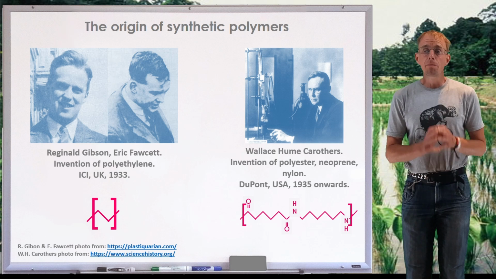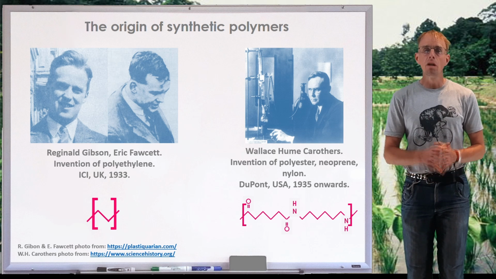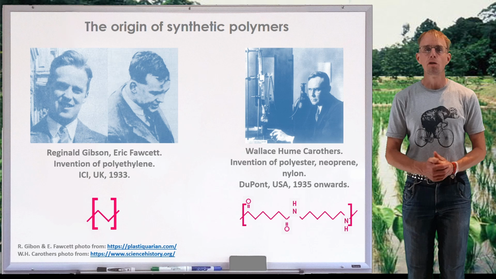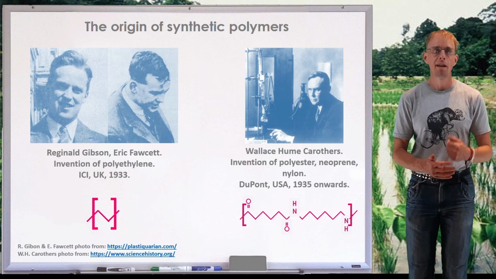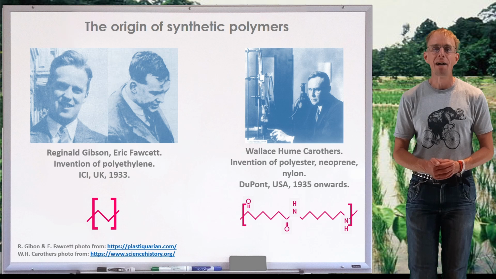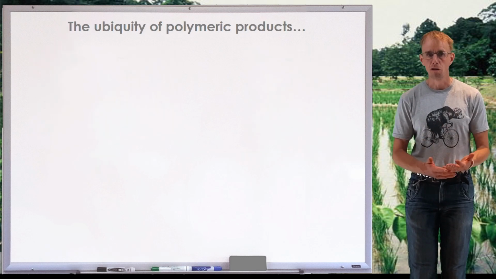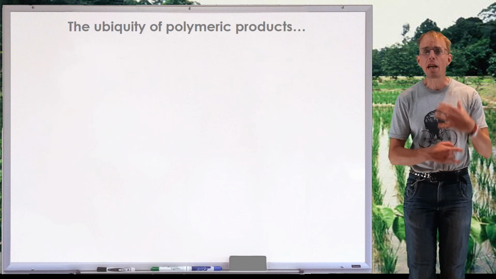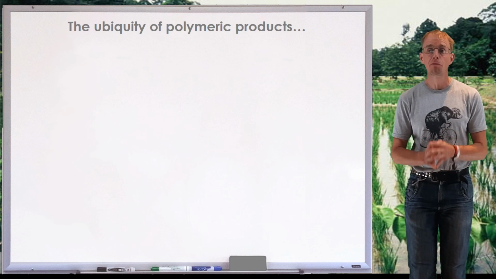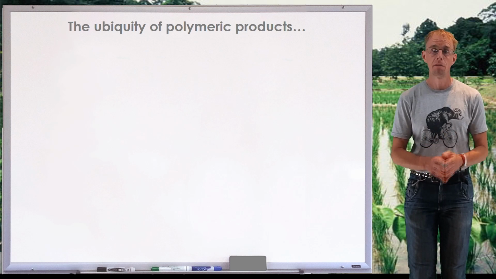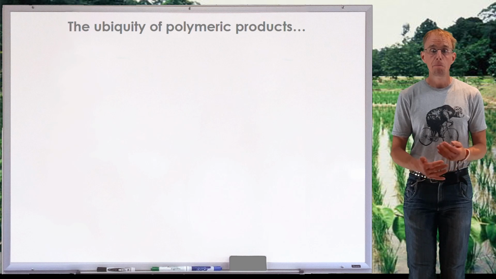So from the mid-1930s onwards, there was a lot of discovery in terms of polymer science, polymer chemistry, and polymer synthesis. And of course, this allowed a lot of different products to be made, and a lot of engineering to be done in terms of how these different polymers could be shape-formed into useful things. So if we look today, polymeric products are ubiquitous.